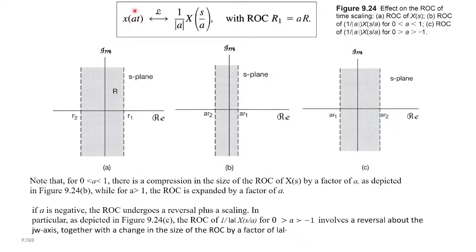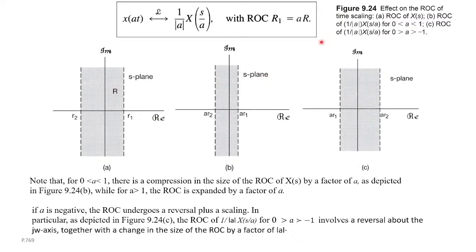That's stretching the time domain and compressing the frequency domain, so the boundary values get multiplied by a number less than 1, and you get compression.